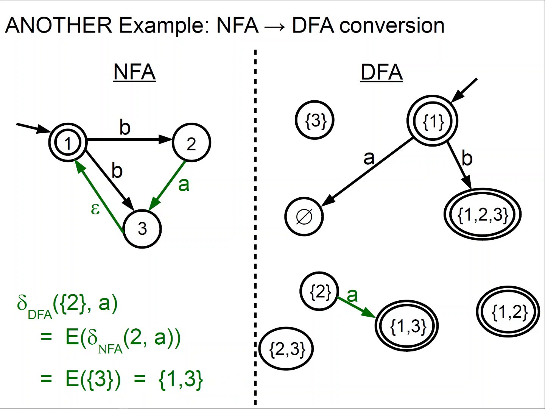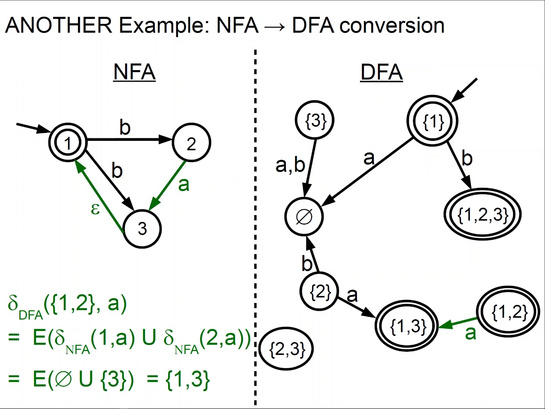Okay, let's do another one. From state 2 with A, you will get to the state {1, 3}. From state 2 with B, you will get to the empty set. From state 3 with A, you will get to the empty set. From state 3 with B, you will get what? Also the empty set.